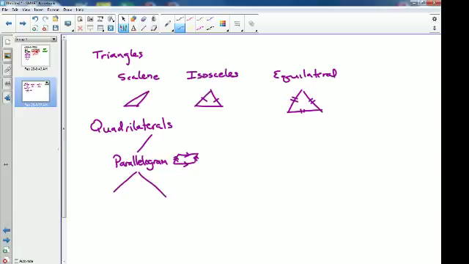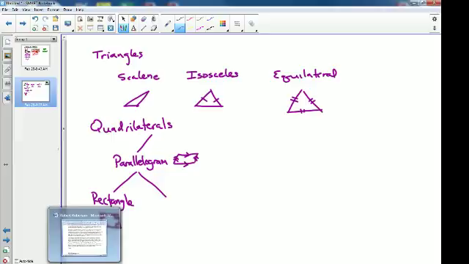You can split the parallelogram into a rectangle. How am I going to prove something's a rectangle? Yeah, that's a property of parallelogram, right?